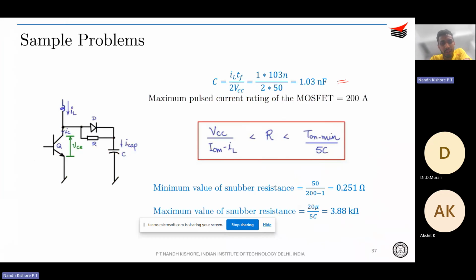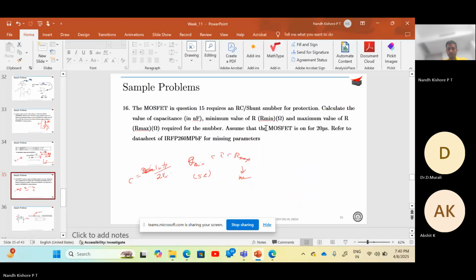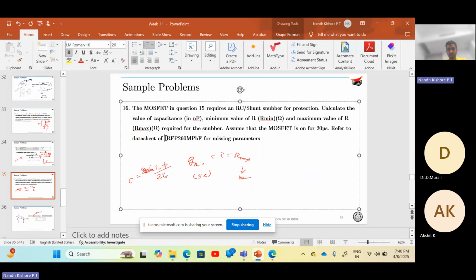And from the data sheet, you will see actually two ratings. That is the pulse current rating and a continuous current rating. So if I can open the data sheet once, just hang on a second.